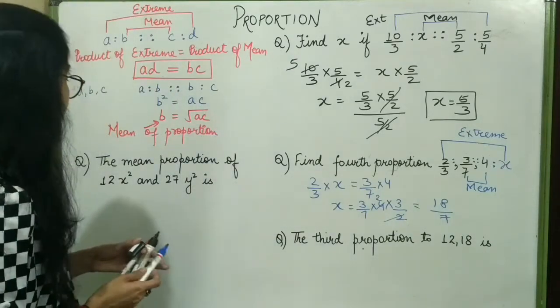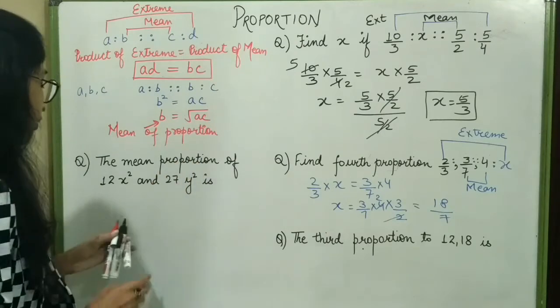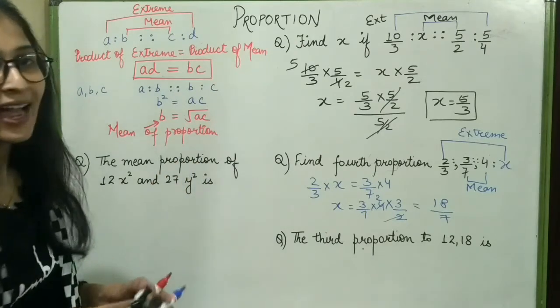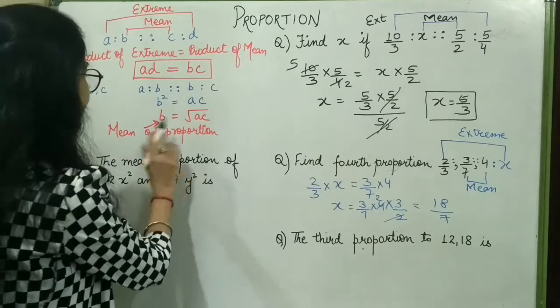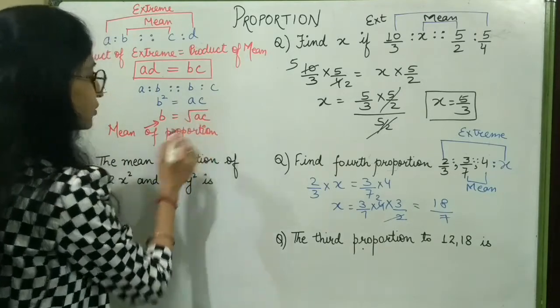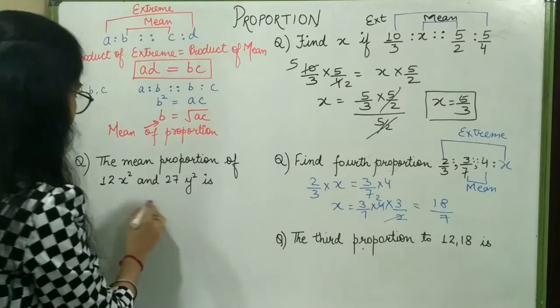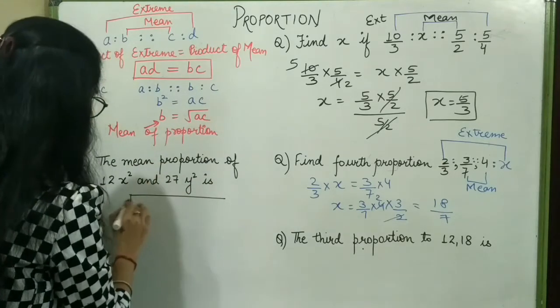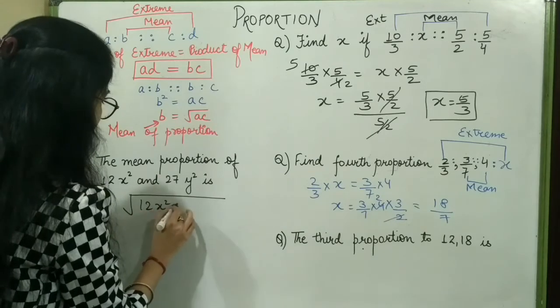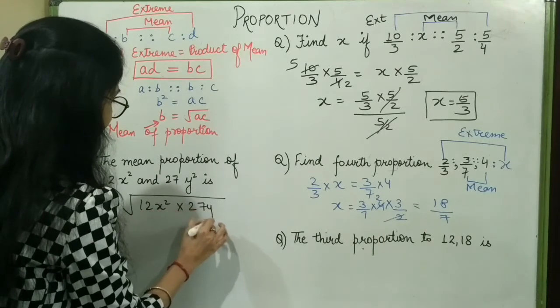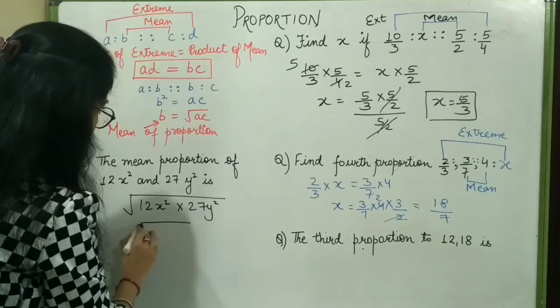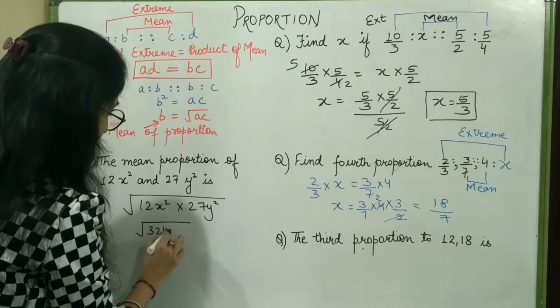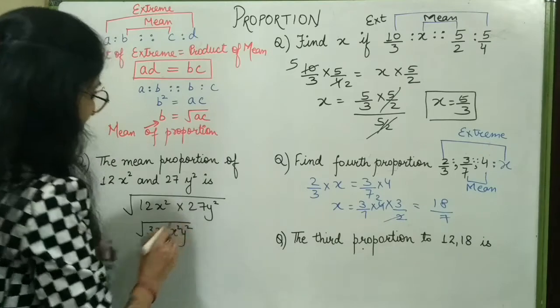Next question is the mean proportion of 12x square and 27y square is. The rule to calculate mean proportion is under root of the product of the two terms. So write it as under root 12x square into 27y square. 12 multiplied by 27 will be 324 x square y square.